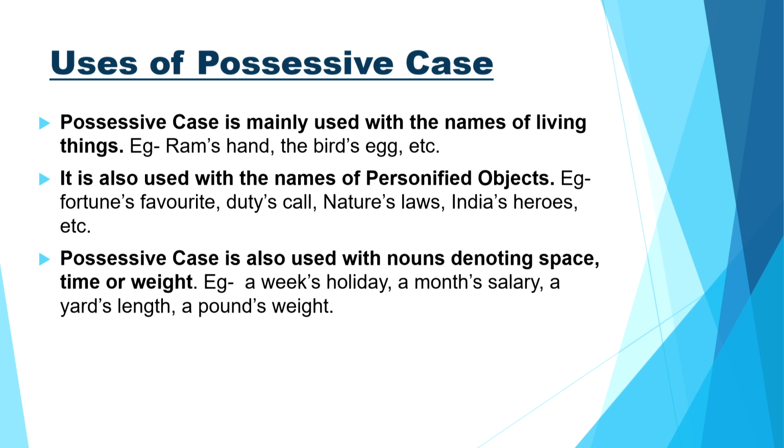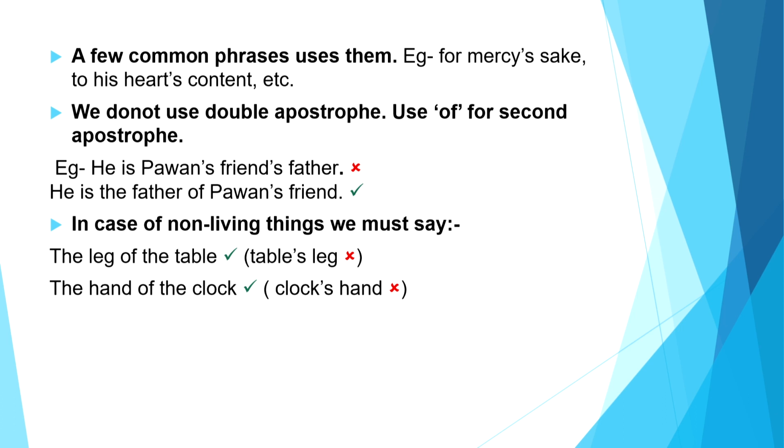For example, a week's holiday, a month's salary, a yard's length, and so on. A few common phrases also use them. For example, for mercy's sake, to his heart's content, and so on.